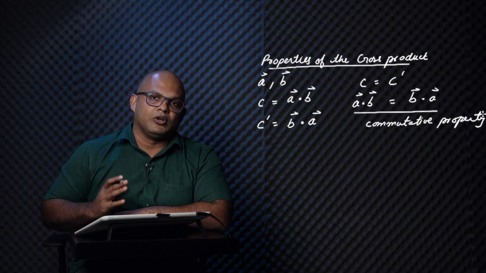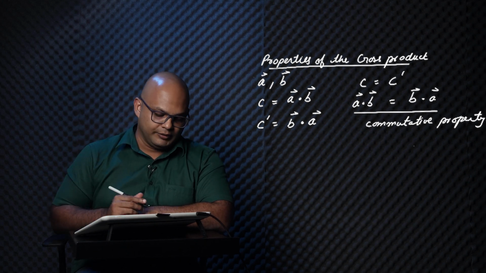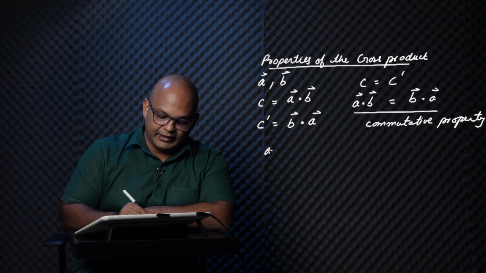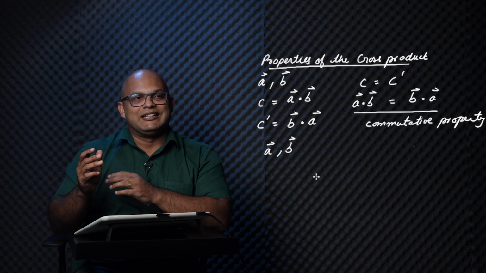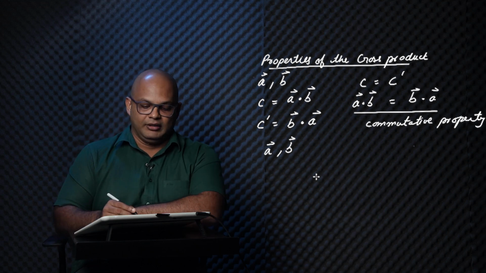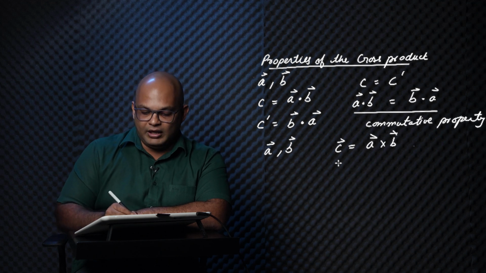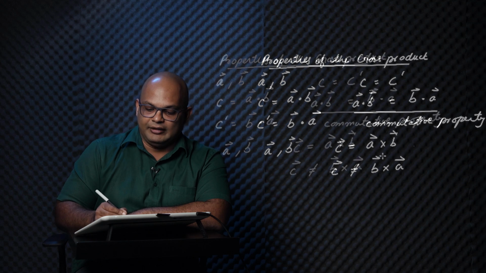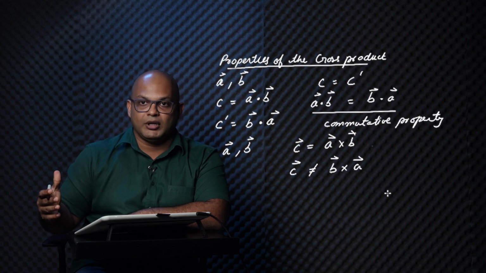The cross product or vector product does not obey the commutative property. In other words, if I had two vectors, again A and vector B, then the cross product of these vectors, let us say it is a third vector, vector C. That is, vector C is equal to A cross B. In this case, this vector would not be equal to B cross A. In other words, the order of multiplication is important in the cross product.